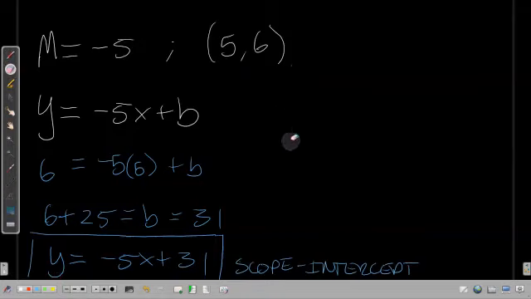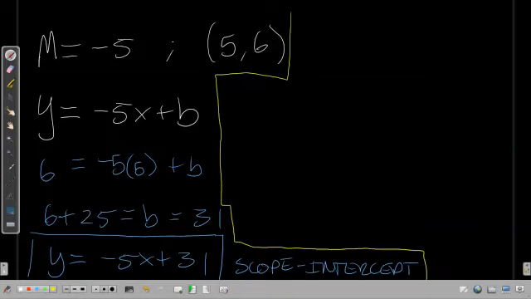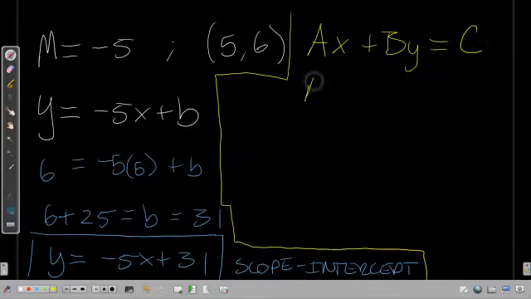Now, if you want this other form called standard form, I don't really know what's standard about it. It is when it has this shape, ax plus by equals c, where a is not negative, and where a, b, and c are not fractions.